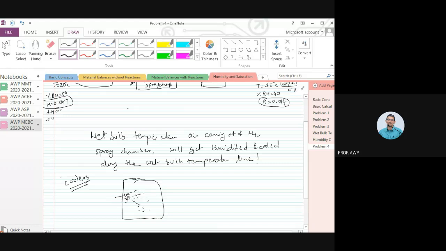That's how these coolers work. And that's how they don't work in the rainy season, when the humidity of the ambient air is itself more than 80-90%. But they work nicely in summers, where the temperature is hotter, but the humidity is much less.